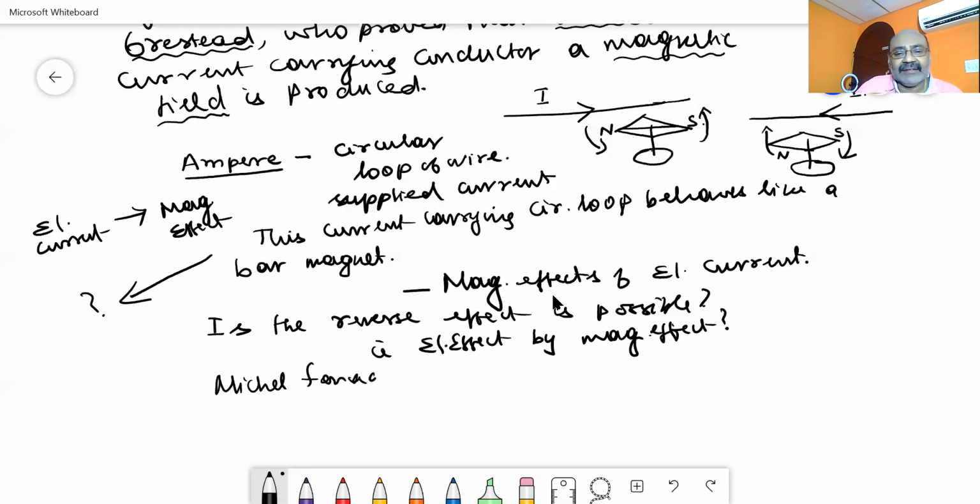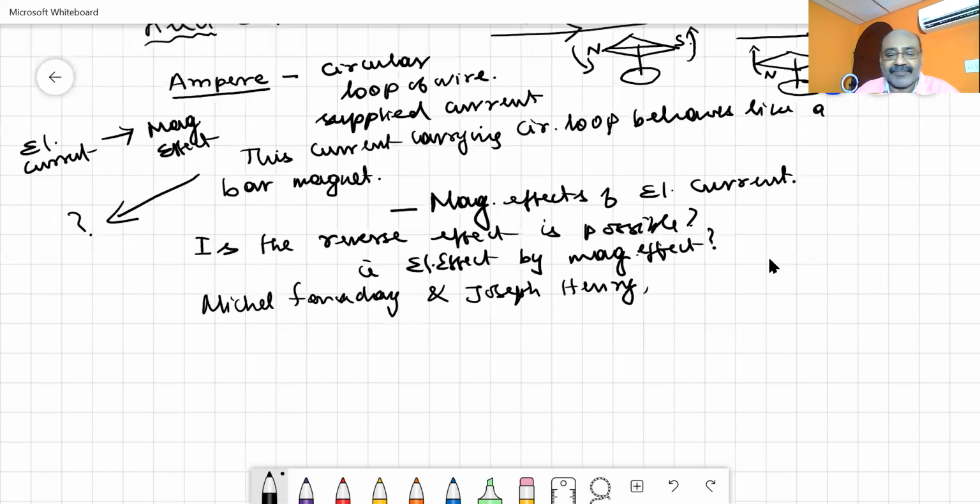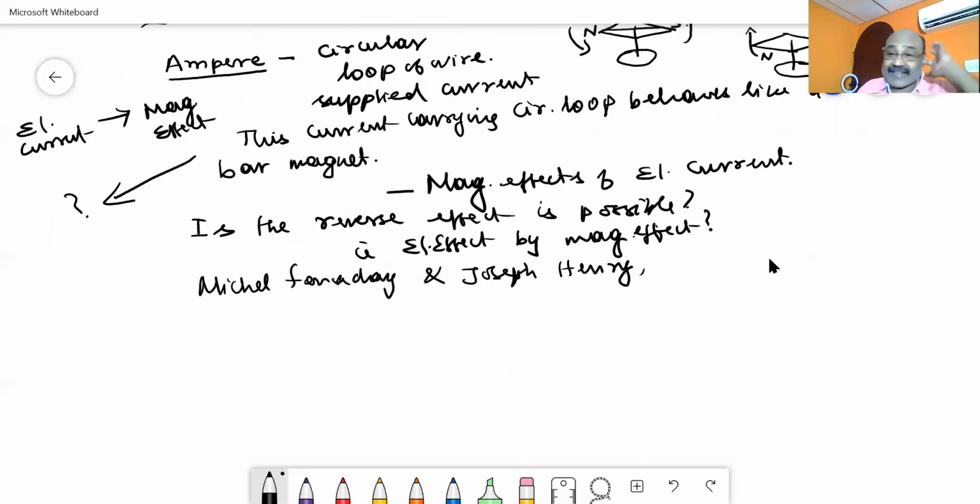And the other one taken to be Joseph Henry. These two scientists studied the reverse effect of the magnetic effect of electrical current, and they succeeded and came out with the phenomenon called electromagnetic induction.